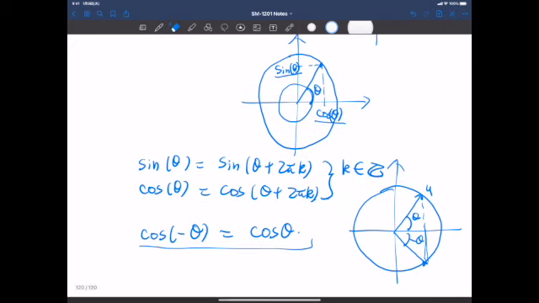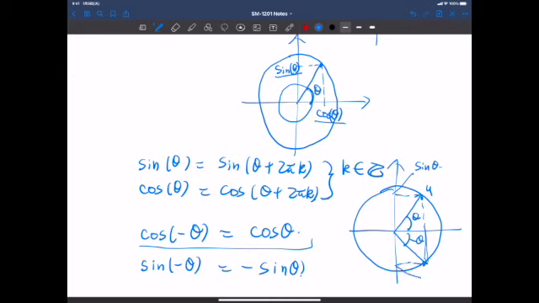And similarly, sine of negative theta is negative sine theta, because sine of negative theta is the mirror image of sine theta with respect to the real axis, so that value should be negative sine theta.